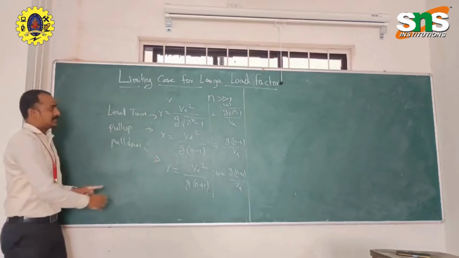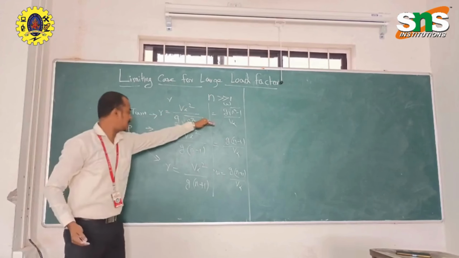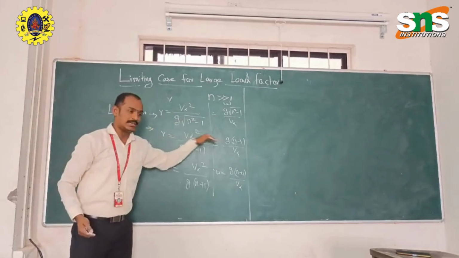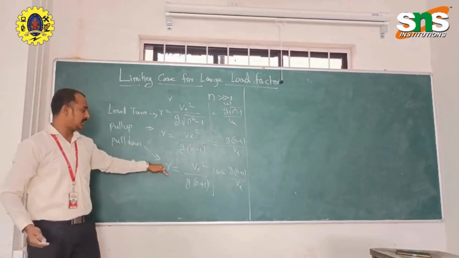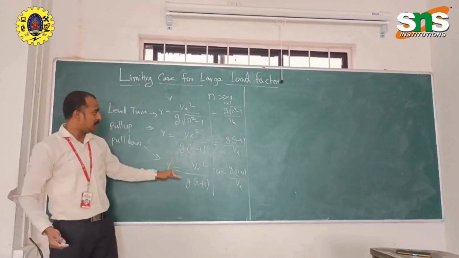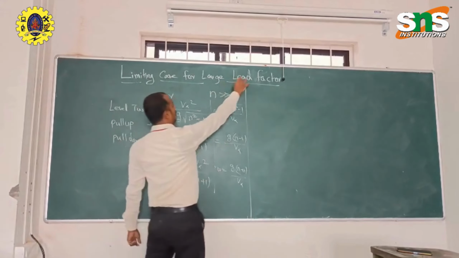So for all these six cases, turn radius and turn rate for level turn, pull-up, and pull-down, the main thing involved in all six equations is the load factor.